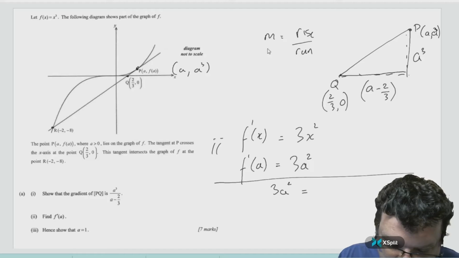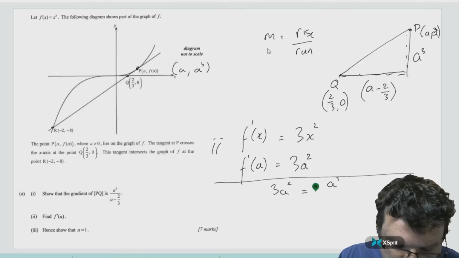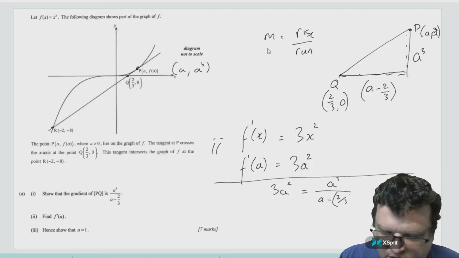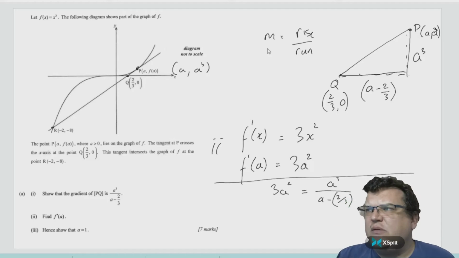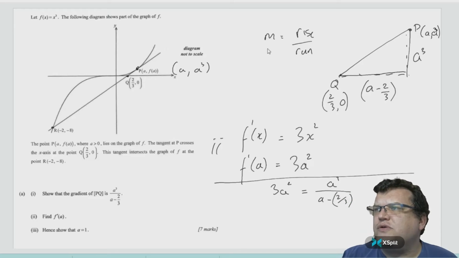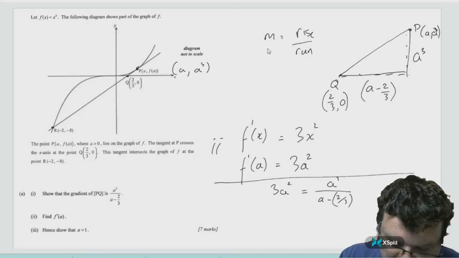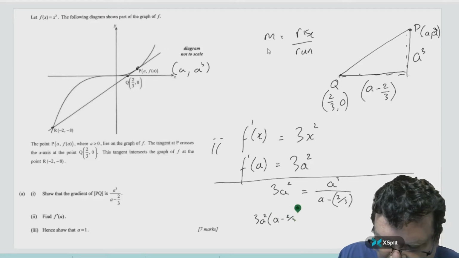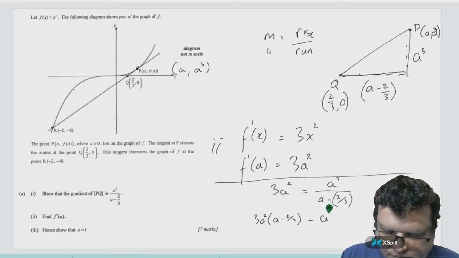Now we've got A cubed over A minus 2/3. So a little bit awkward, I guess, in the algebra. All I'm going to do is multiply both sides by the denominator of the right hand side, and so I'm going to get 3a squared times A minus 2/3, which is equal to A cubed.